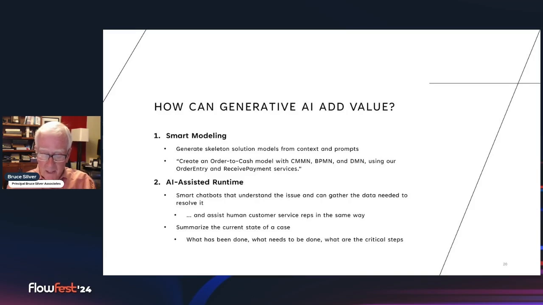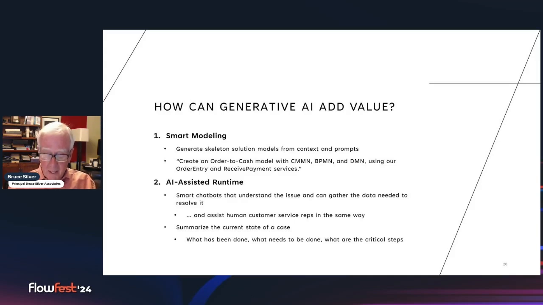From its large language training, it knows what the elements of order-to-cash are, the various tasks and data elements required, and if you provide it additional context in the way your other automation solutions are structured, it can organize those elements the way you would normally do it in a hand-built solution.